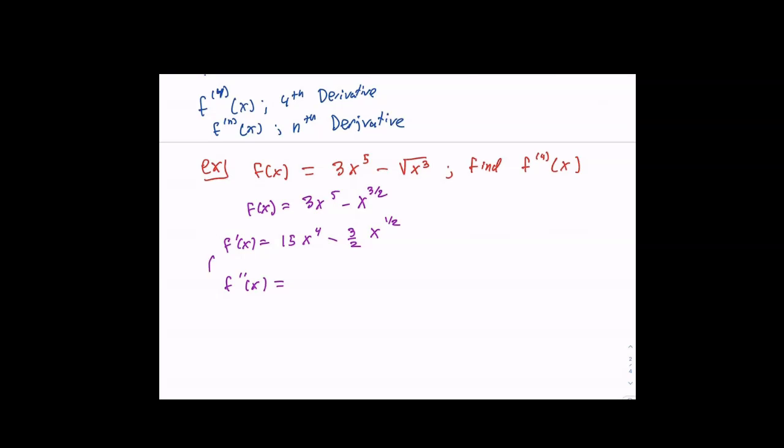Just taking the derivative. 60x to the 3rd, don't stop now, minus 3 over 4 x. Give me 1/2 minus 2, like negative 1/2.